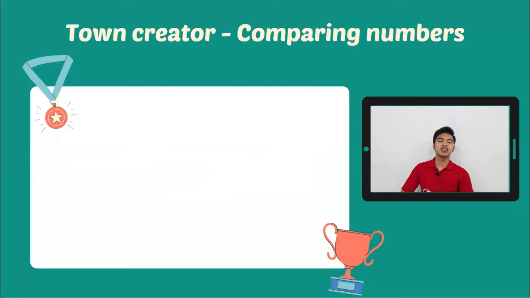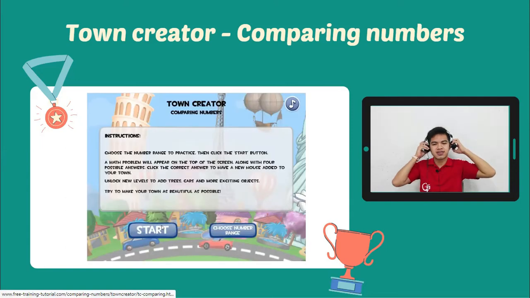Now we're going to explore more about this topic with a game. Let's play the game Town Creator Comparing Numbers. Let's read the instructions. Choose the number range to practice, then click the start button. A math problem will appear on the top of the screen along with 4 possible answers.